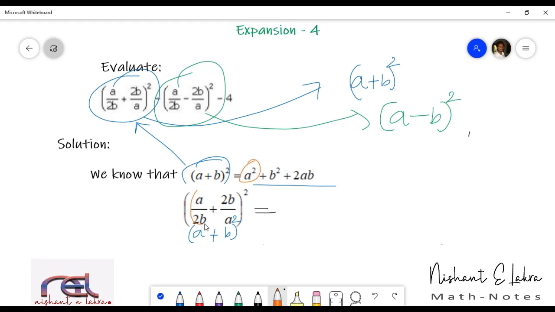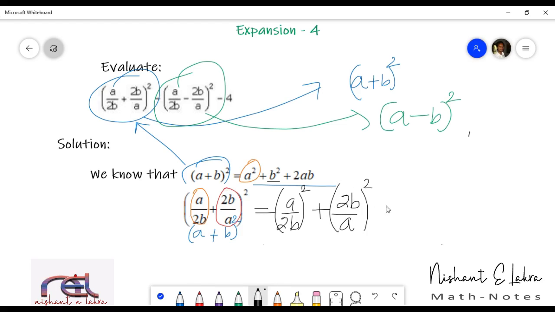a square would be (a/2b) whole square, plus b square will be (2b/a) whole square, plus 2ab.